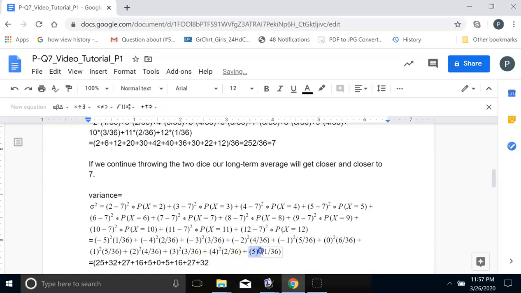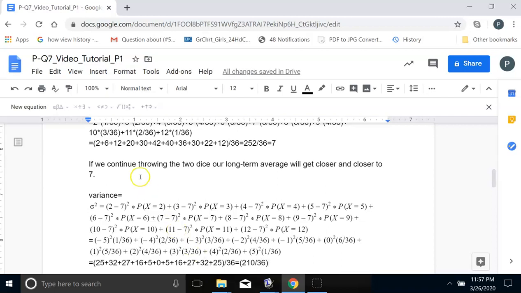That's 9 times 3, so 27. That's 4 times 4, 16. That's 1 times 5, so 5. Plus 0. Then 1 squared times 5, so 5. Then 2 squared times 4, so 4 times 4 is 16. Then 9 times 3, so 27. Then 16 times 2, so 32. And 25 times 1, so 25 on that one. All this will be divided by 36. If you add up all those numbers, you get 210, divided by 36.